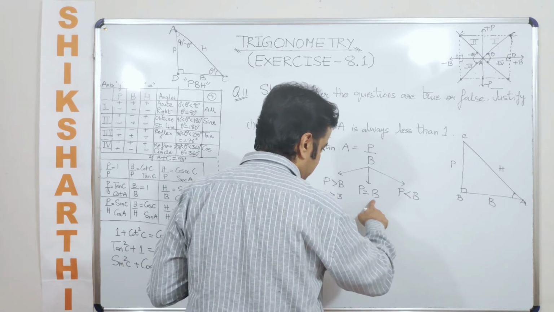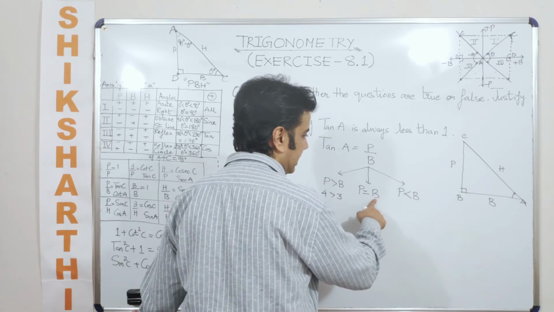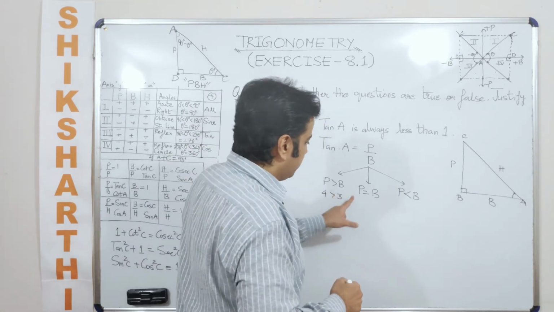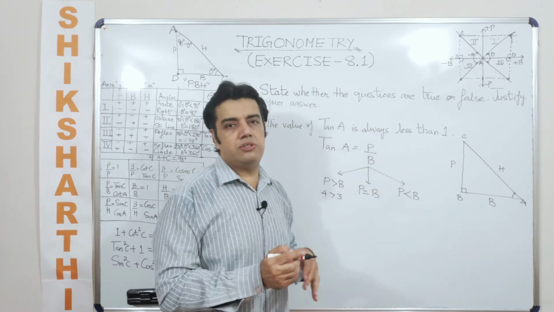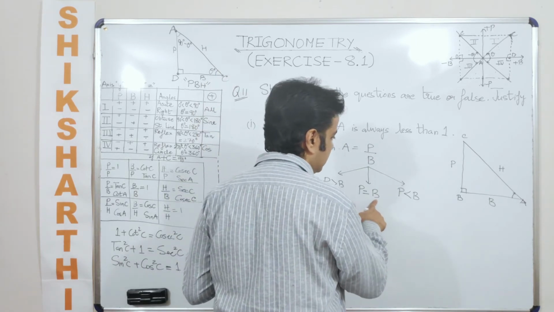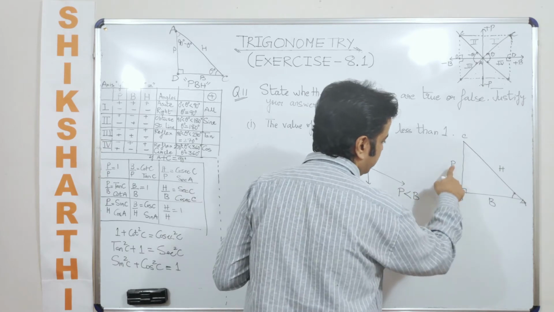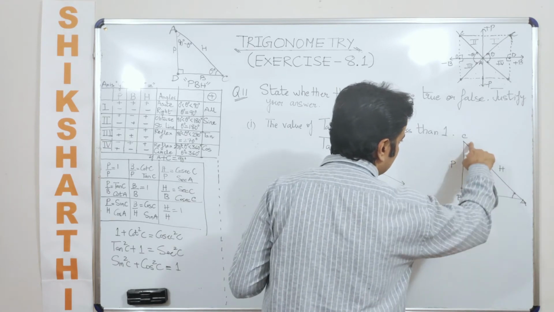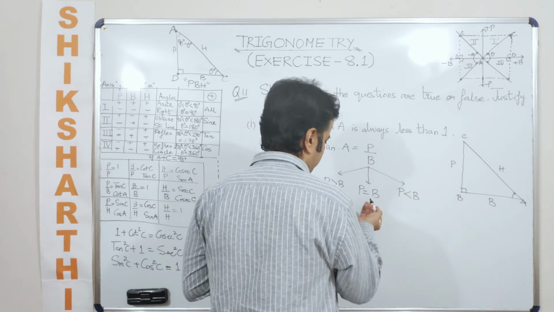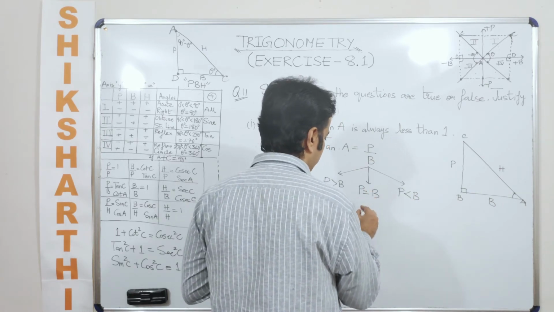Now this becomes your isosceles right angle triangle. We have done all such questions earlier, so you can pick up these examples from the first 10 questions. When the perpendicular is equal to the base, angle A is equal to angle C, so P by B becomes equal to 1.